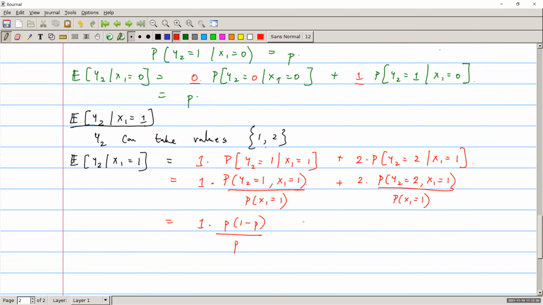And here I have p squared divided by p, so this is 1 times 1 minus p plus 2 times p, this is 1 plus p.